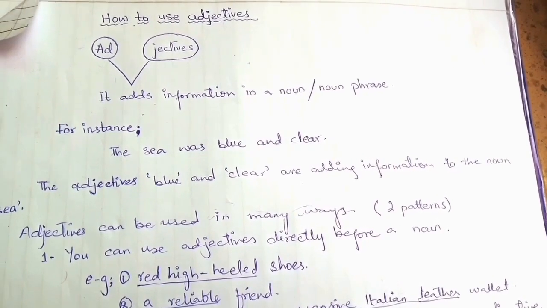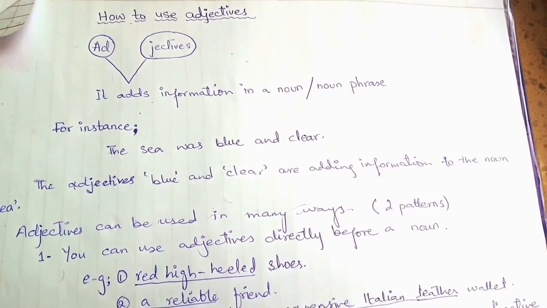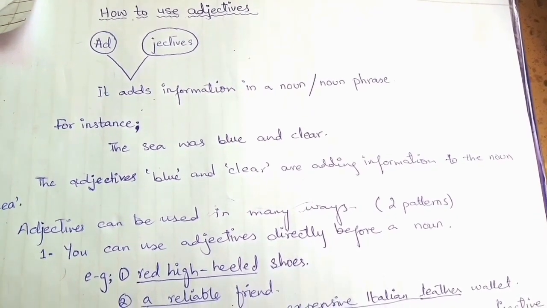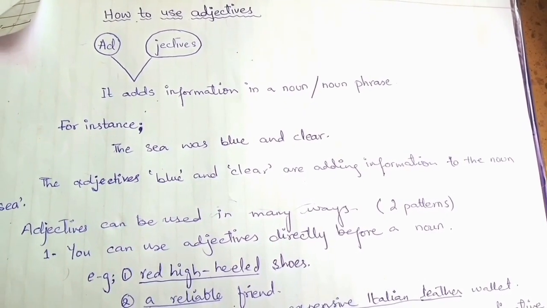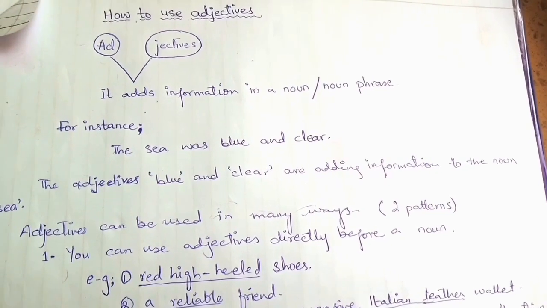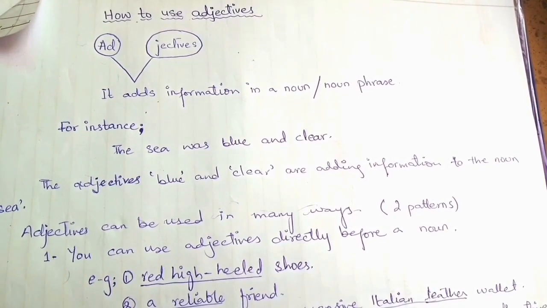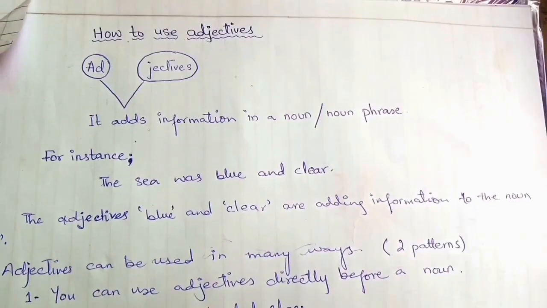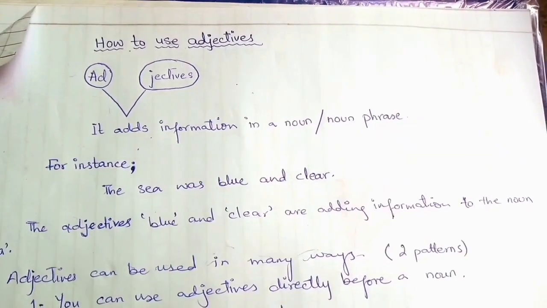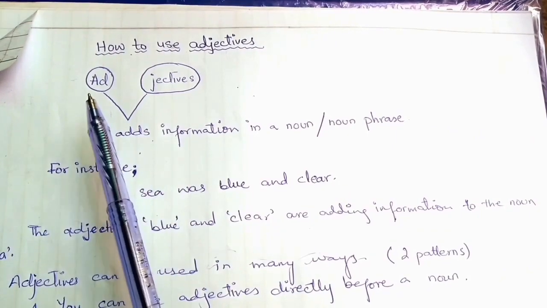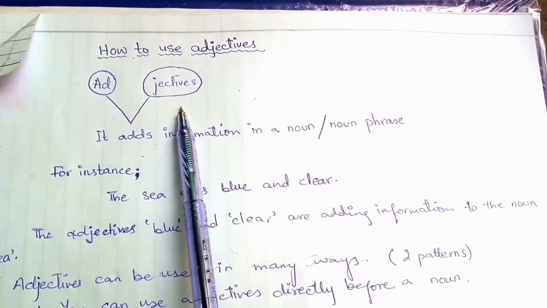meaning of any word, just split it into 2 and then check the meaning. For instance, over here I have split the word into two: add and adjectives.